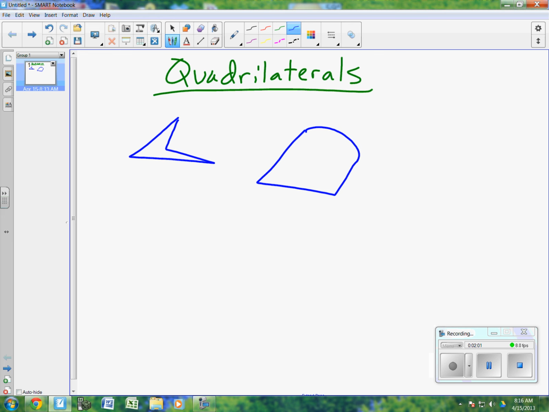You guys, this is called a concave polygon, or a quadrilateral in this case, because it has one side where the vertices point in. We're going to study what we call convex quadrilaterals, where all the vertices point out. So you can't have any like this one right here where it's pointing in.